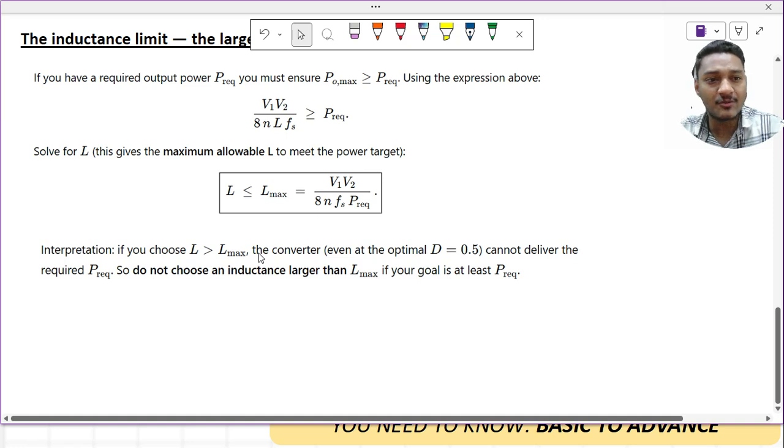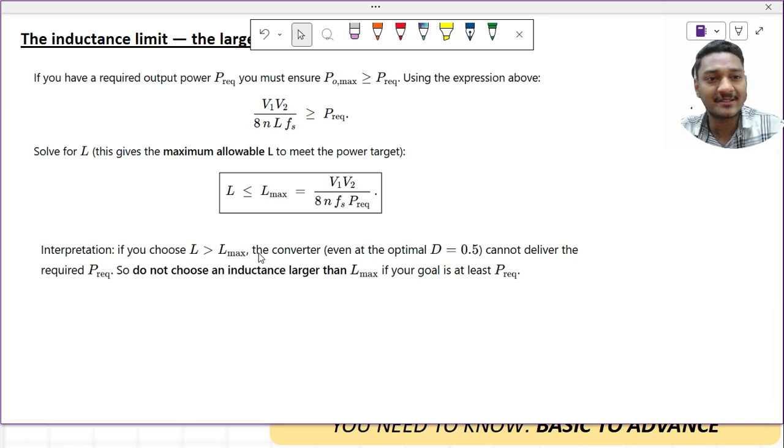So I will conclude this video here, and in the next class we will start with a new topic: how we will design the components like L value and C value in the DAB converter. Once that is done, we will try to form one script for MATLAB, which, if we run it, will give us all the values. That is the task we are going to do in the next class.